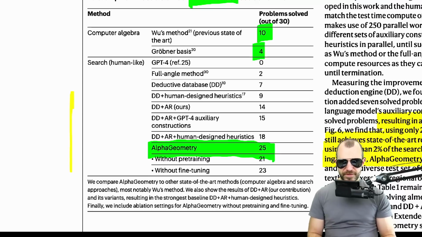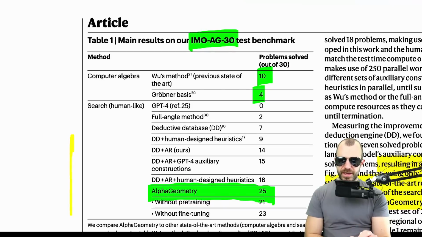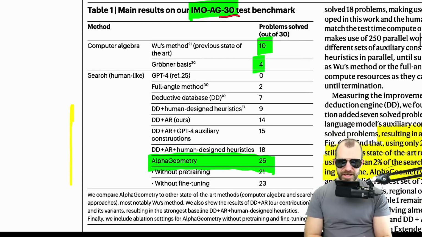In any case, I have not seen them deeply look at the ones where it failed and explicitly say why it failed. Were they not representable? I think the ones that are not representable in the language they've already excluded from the 30. So I don't exactly know why they couldn't solve the five. That would be interesting, but maybe that's in the paper and I haven't seen it.